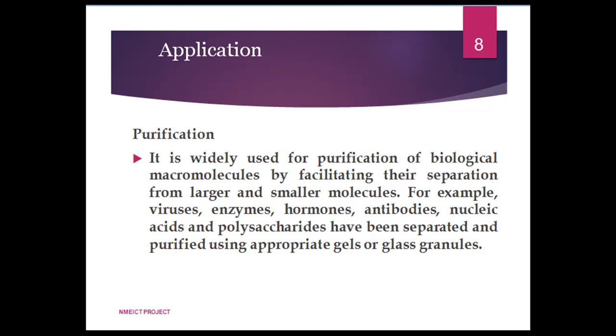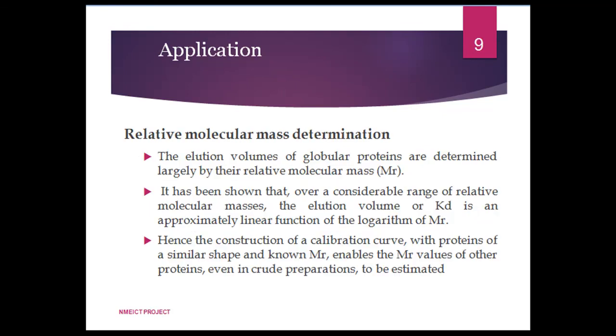This technique is also used for relative molecular mass determination. That is, like electrophoresis, this technique can be used for determining relative molecular mass of a protein. How can we use this technique? For example, elution volume of globular proteins is determined largely by their relative molecular mass.